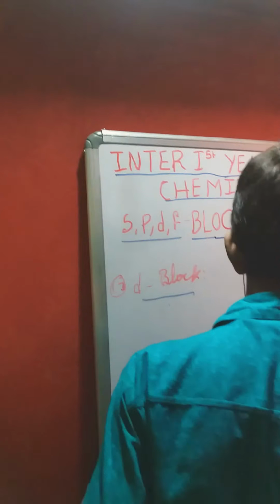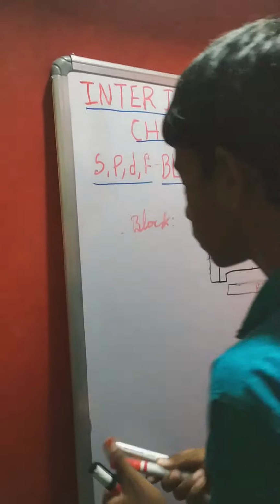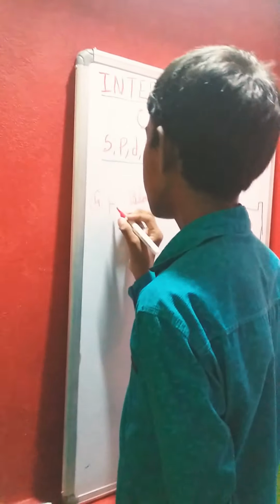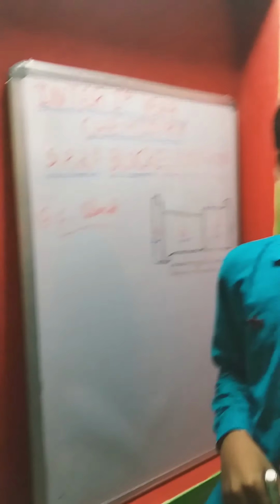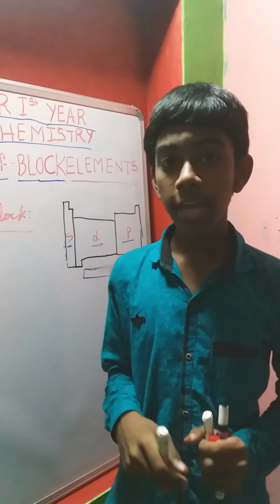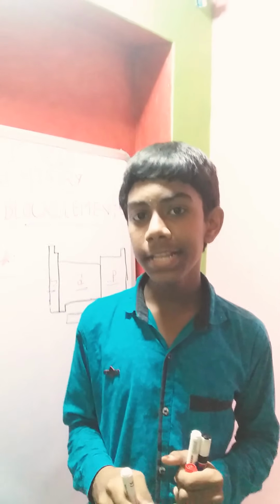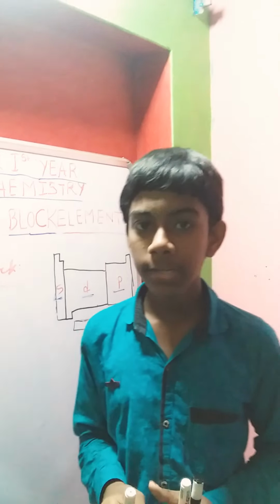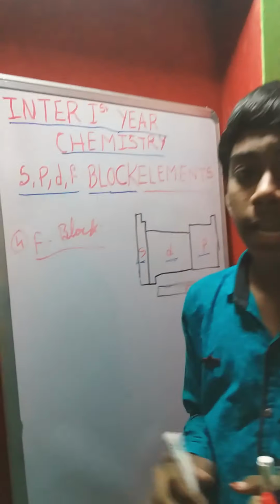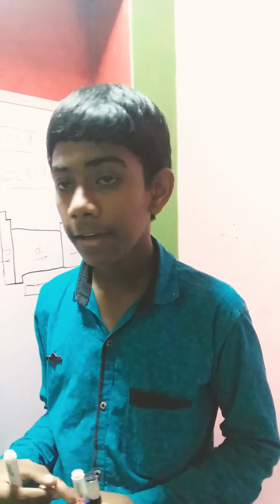Next one, fourth one, F block elements. The elements in which the differentiating electron enters into the anti-penultimate (n-2) f subshell are called F block elements.